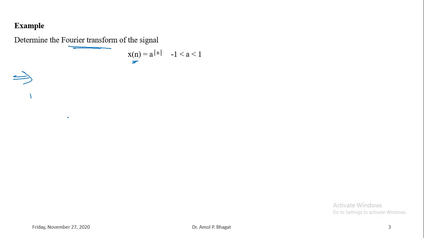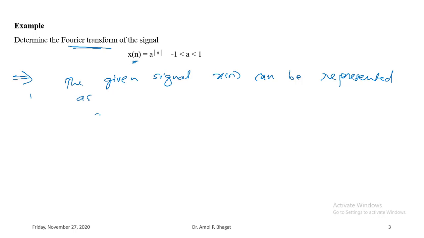The given signal x of n can be represented as the linear combination, or sum, of two different signals, x1 of n and x2 of n.